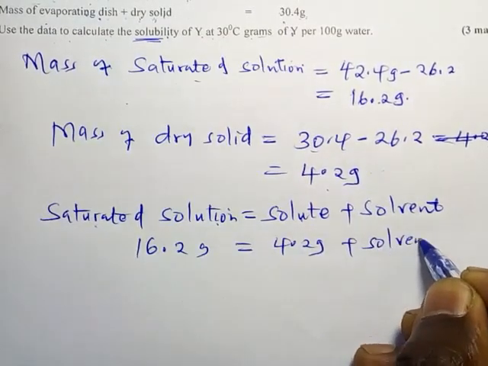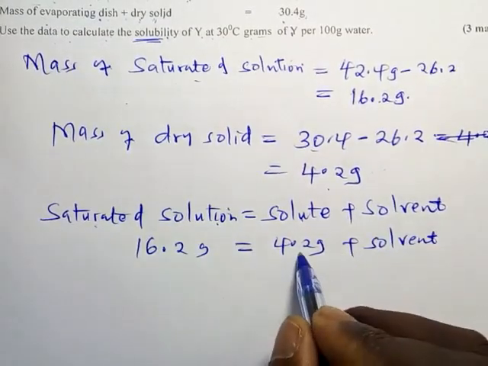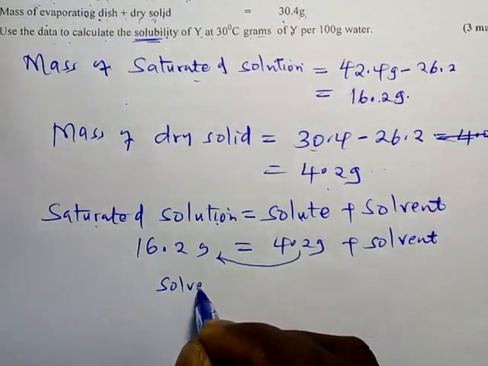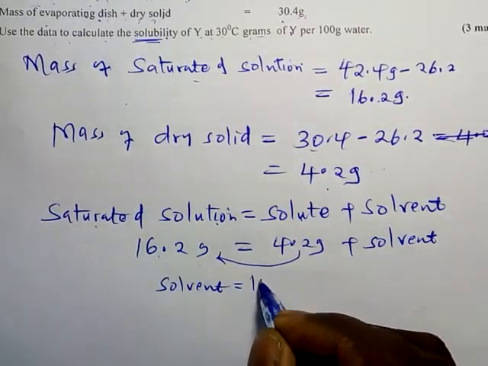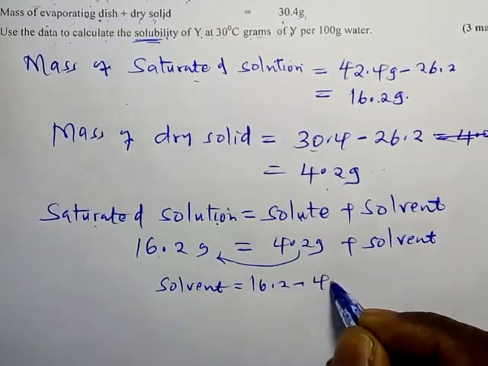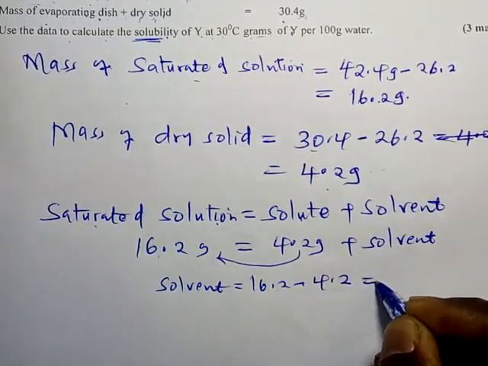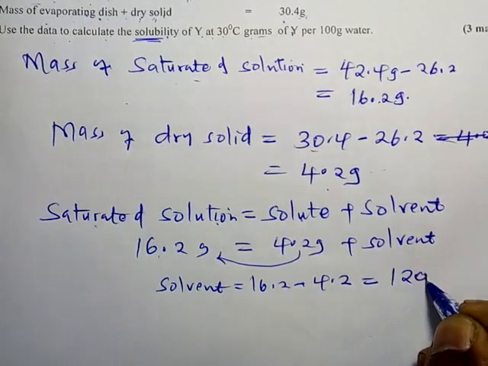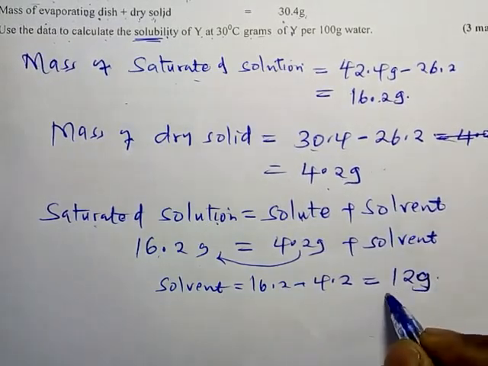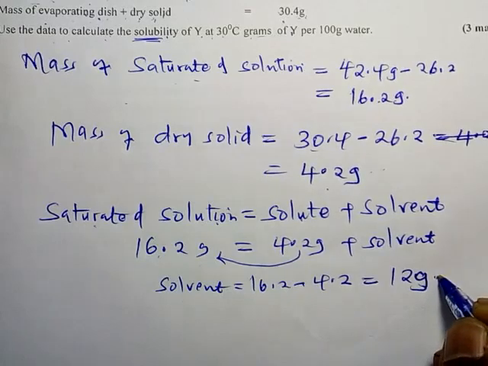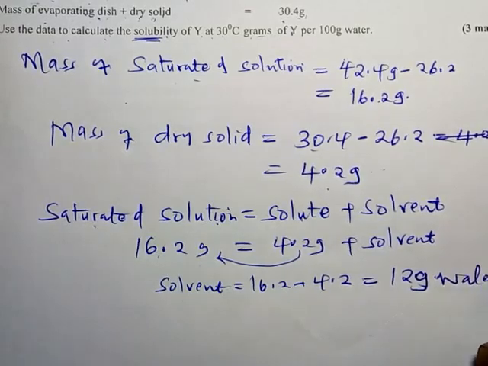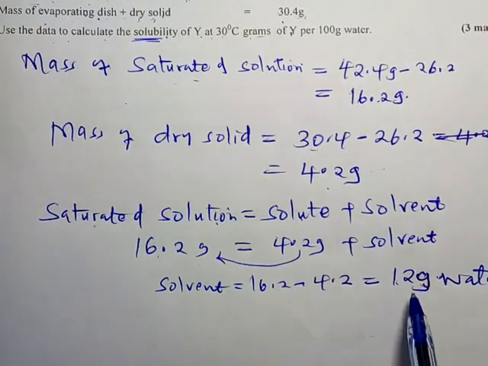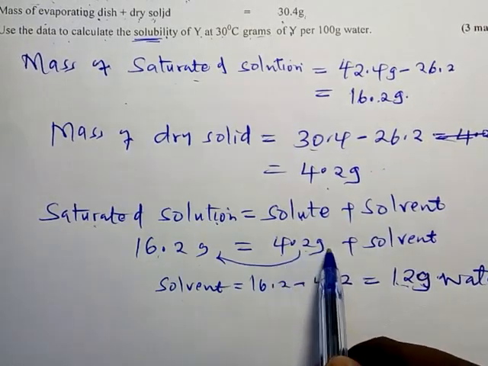We don't know the solvent, but we can get it by collecting like terms together. So solvent equals 16.2 minus 4.2, which is the solid, and it gives us 12 grams. This is now the solvent, water. So 12 grams of water dissolved 4.2 grams.